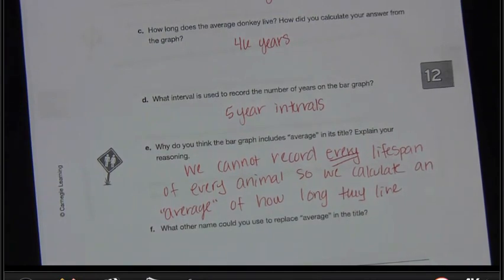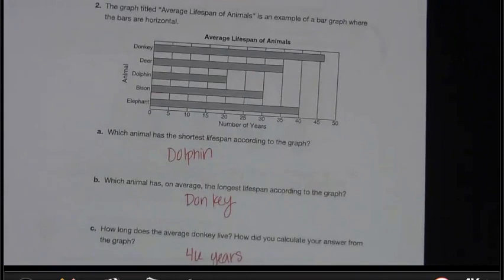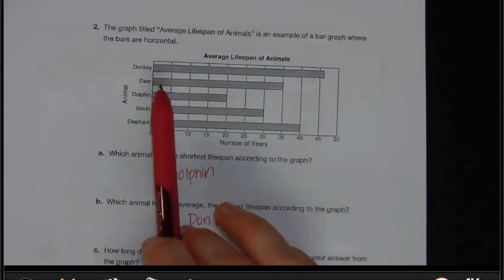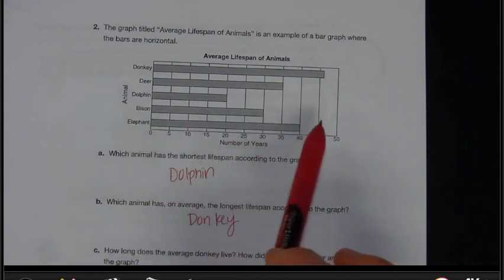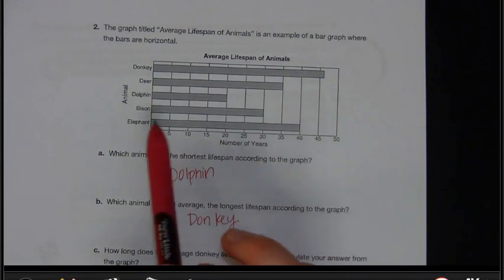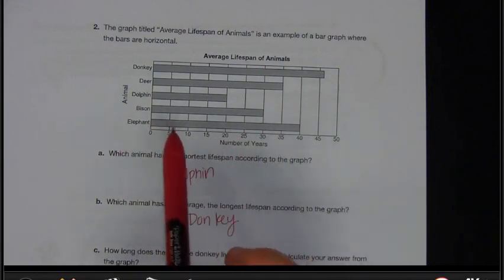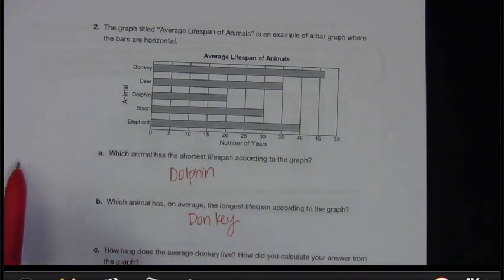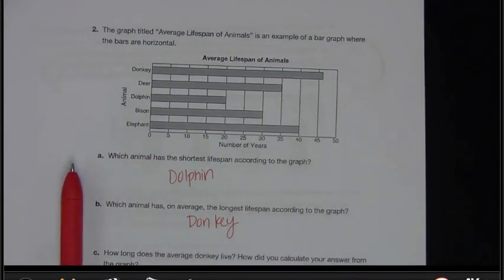All right. What other name could you use to replace the word average in the title? So usually when you think about it, let's say, for example, we did a study at a zoo and we watched the number of, let's say, elephants come in. We record how long they lived, and so on and so forth. And say we got 5 elephants and we recorded how long they lived until they died.